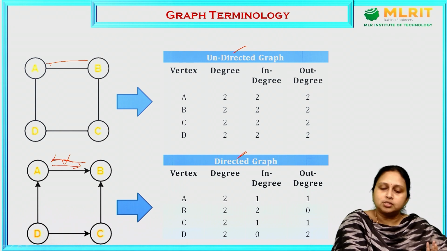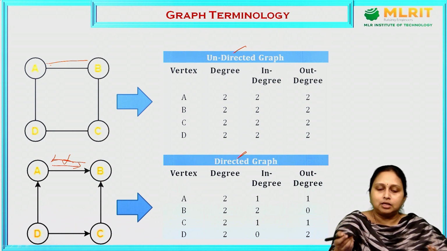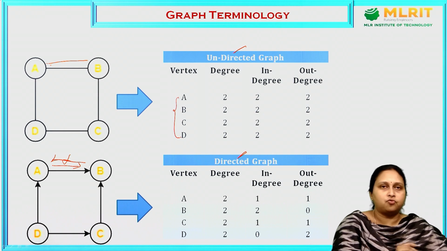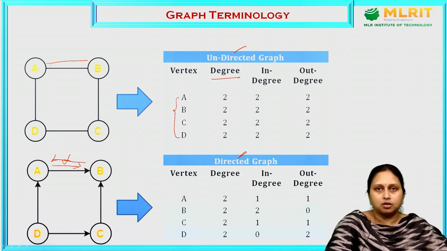Now, how can we represent the degree here? We have seen what in degree and out degree are, and what the degree is also. For each vertex, the degree represents both the in degree and out degree together.